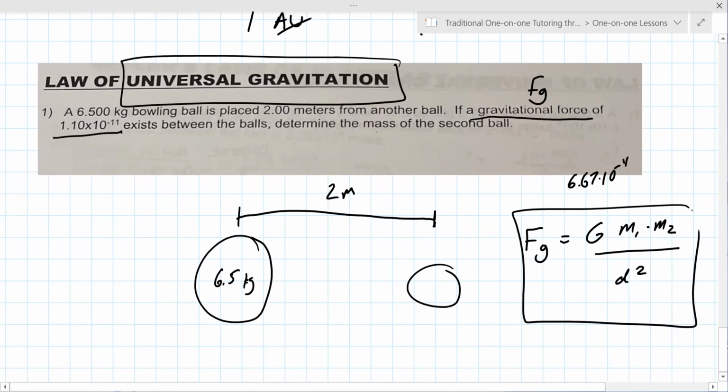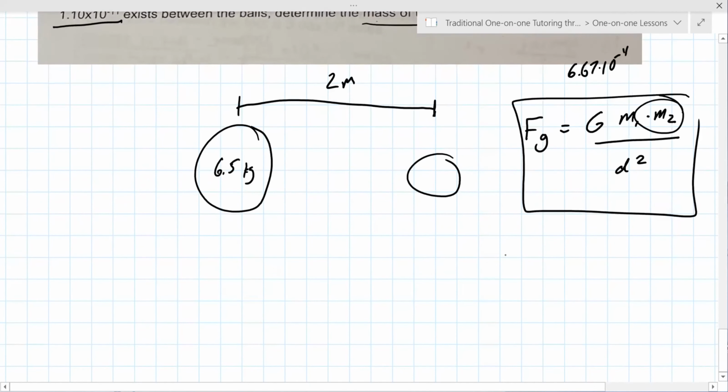Most of the time they're giving you 3 of the 4 quantities, and there's only one missing. Here, we're trying to find the mass of the second ball, which is M2. What we suggested doing is solving this for M2 without substituting numbers first. Just manipulate the equation. So you have FG equals G.